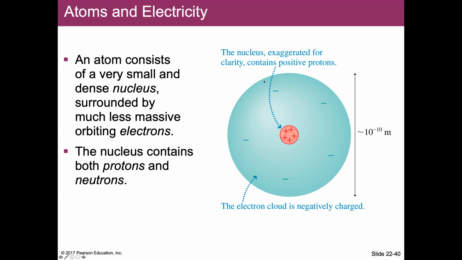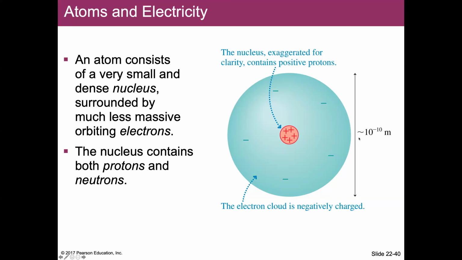So that's why we put a big sphere here to demonstrate the electron distribution like a cloud. The nucleus contains both protons and neutrons. The protons are the basic elements of positive charge, and the electron is the basic element of negative charge. The scale of an atom is very small.